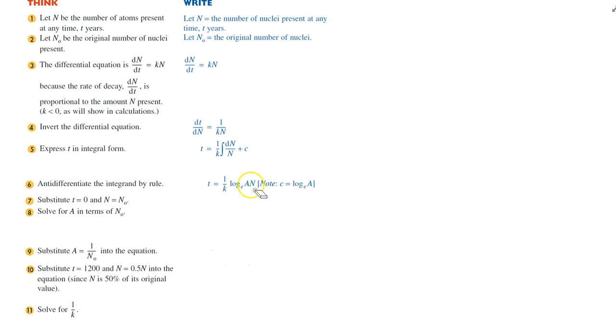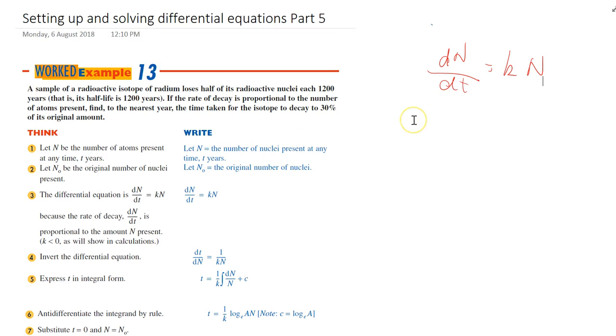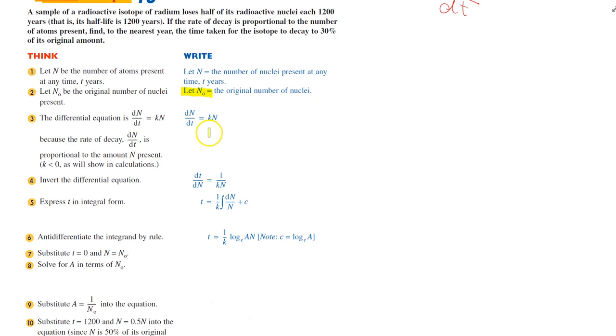Now, we've got our N here, and we still want to know what a is. This is a sneaky one because we don't really have an initial condition so much. That's why up the top they've said let N0 be the original number of nuclei. So we're just going to sub N0 in for N when time is equal to 0.